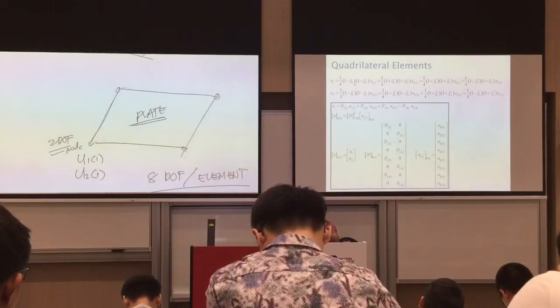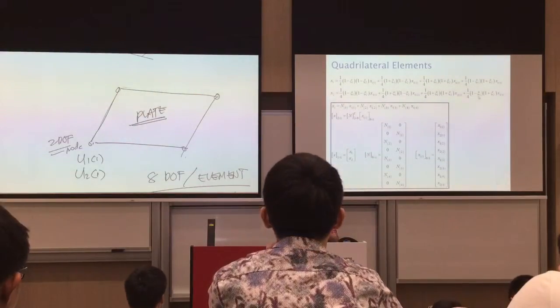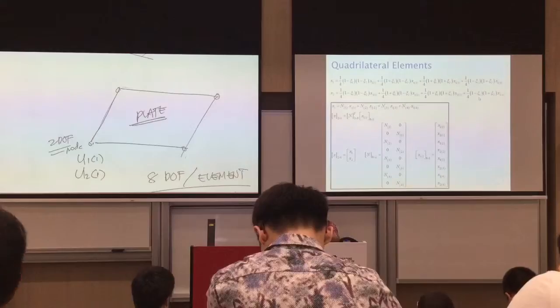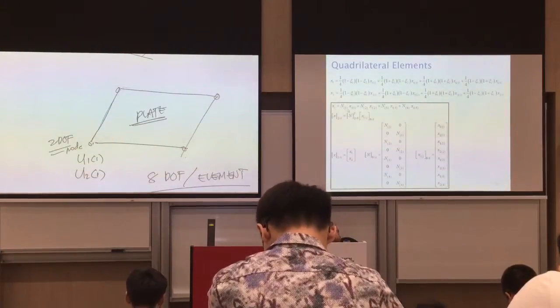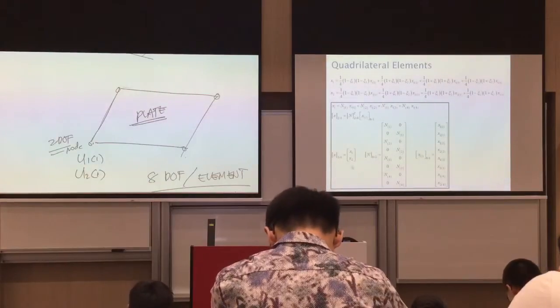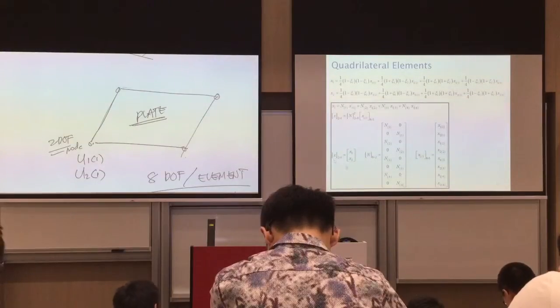Because they are the same, so we have n1, n2, n3, and n4. So you can write it as xi equal to n1, xi1, n2, xi2, n3, xi3, n4, xi4. So you can write your shape function in this manner, and your x vector will be in this manner.